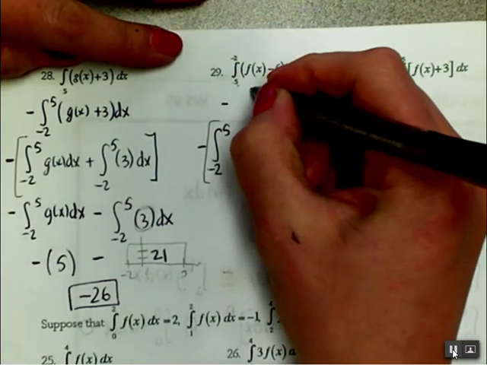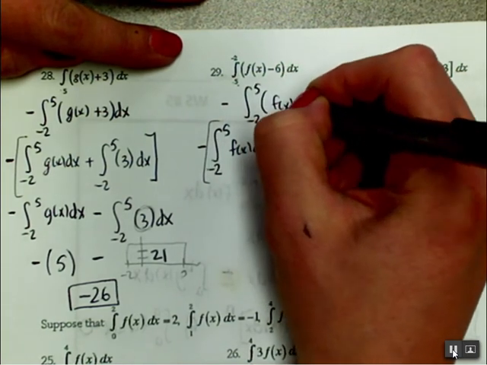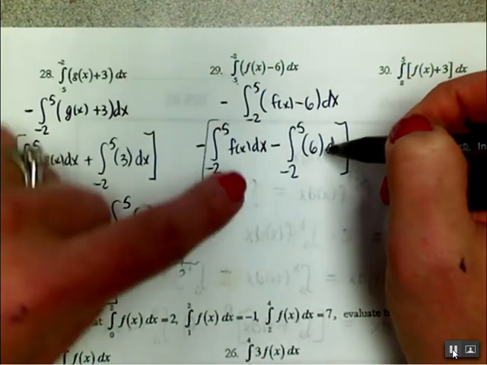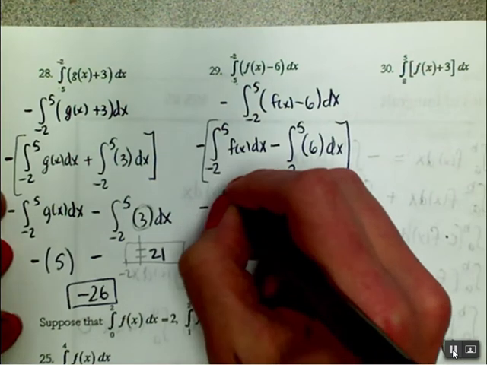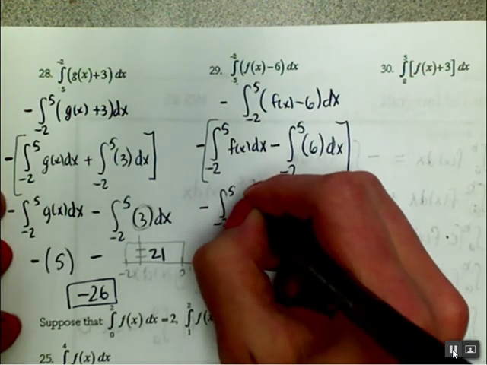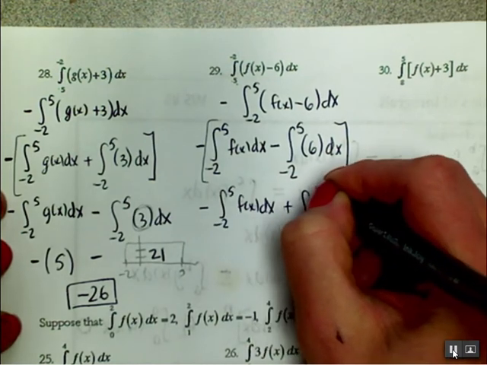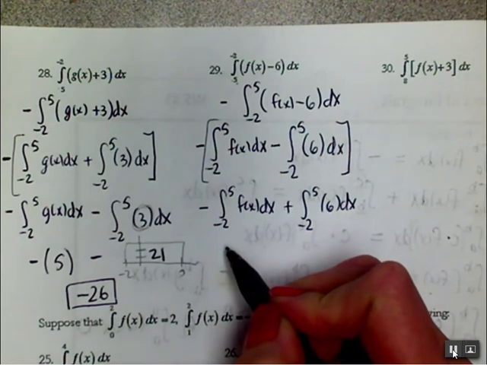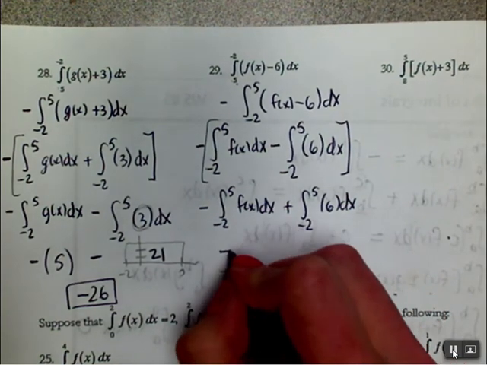So let's draw on this missing step. Negative 2 to 5. F of x minus 6 dx. Then I separated the integral. Now I'm going to distribute. Okay, looking up from the first page, negative 2 to 5 f of x dx is 18.